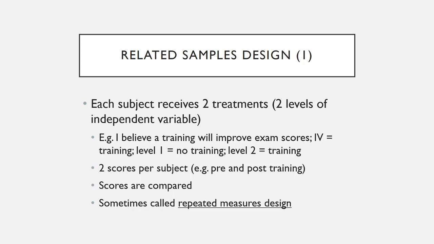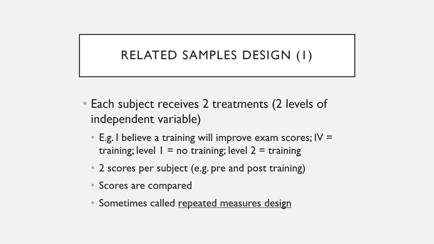So if, let's say, for example, I'm developing a training to try and improve exam scores, one way to do that would be to take my participants' pre-training score and do the training paradigm and then take their scores again. This would give me sets of scores that I'm comparing, but key is that each individual is providing me multiple scores, and I want to compare each individual with themselves.